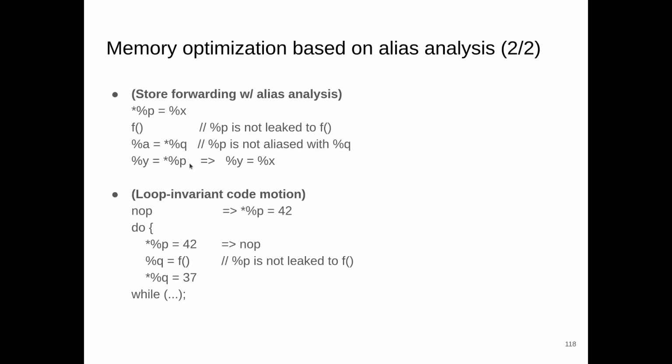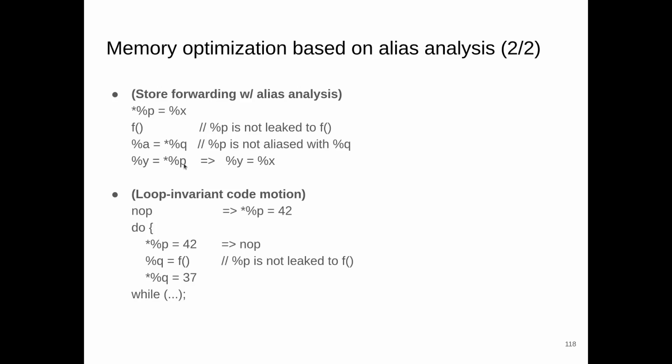So here, x is stored to the location P, and some function is called, and some location is accessed, and then later P is loaded. If that is the case, we may be able to say that this y should be equal to x, because x is stored here, and it is never interfered with by other instructions in between the two instructions, and then it is loaded again.